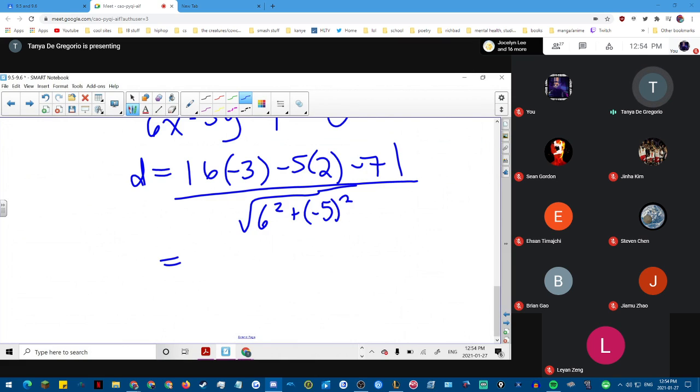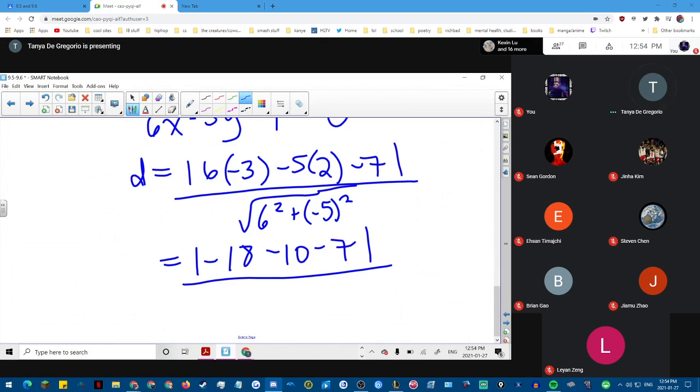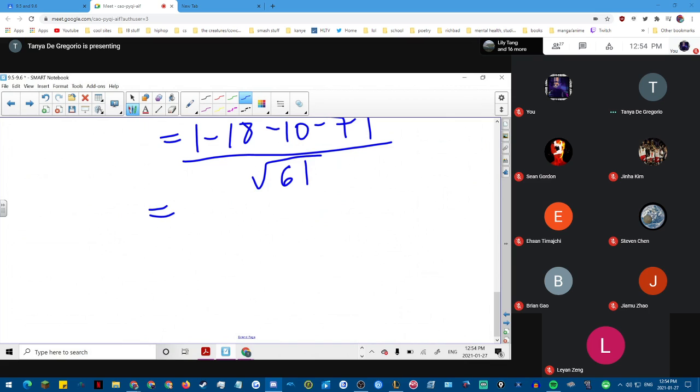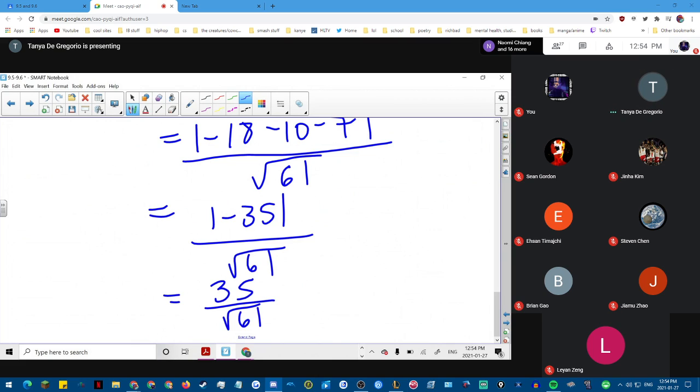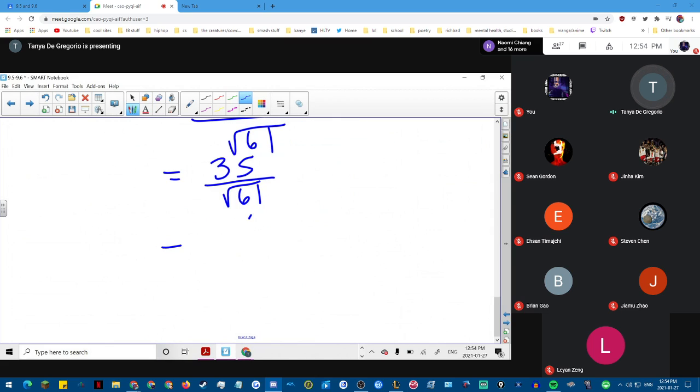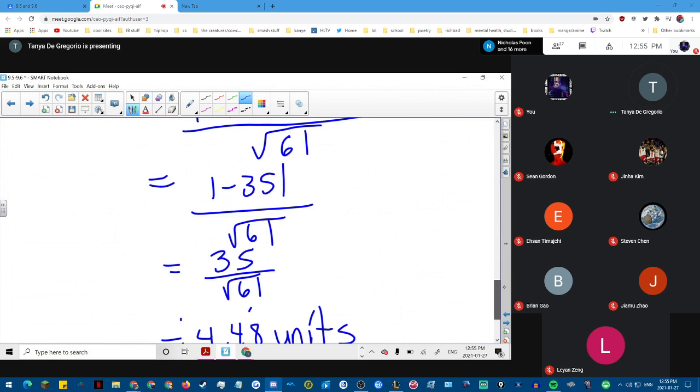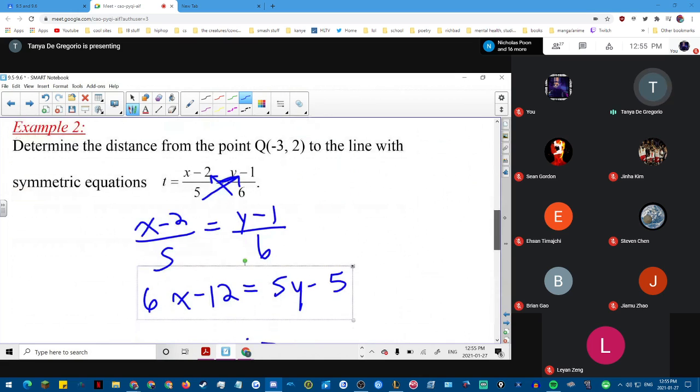All right, and here we have -18 minus 10 minus 7 all over the square root of 36 plus 25. -35. And so we know that it's just 35 over root 61. And in approximate form, 4.48. Okay. Are there any questions?